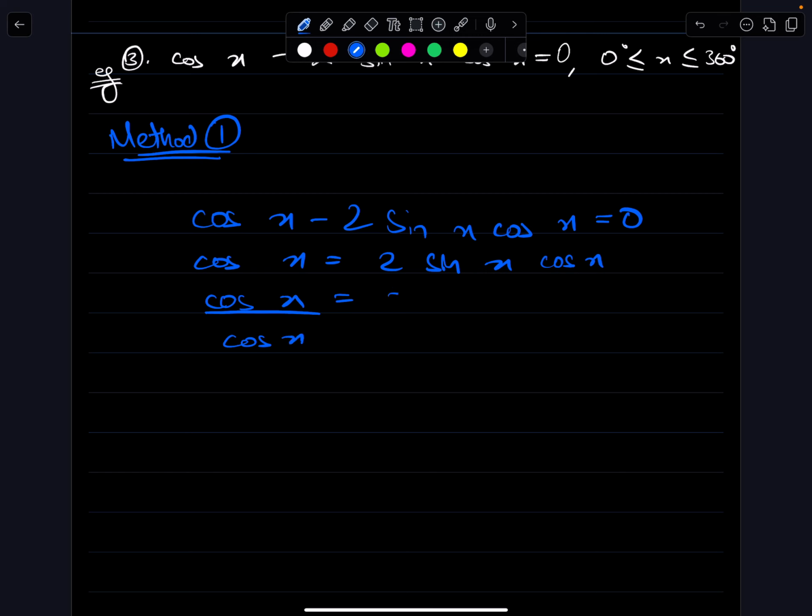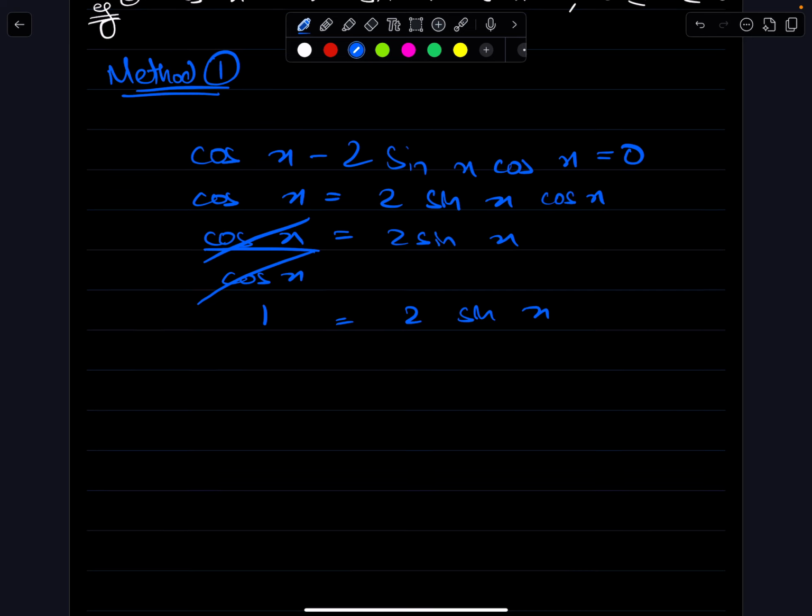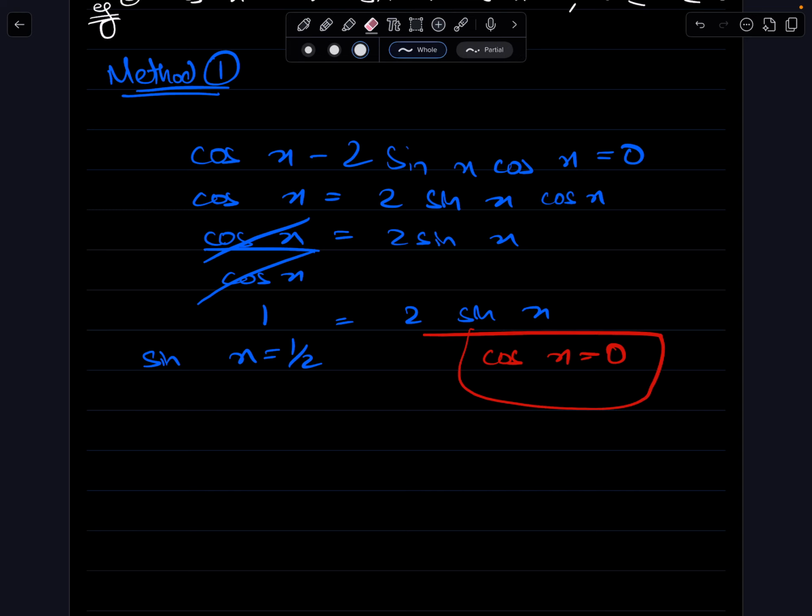So cos x over cos x and 2 sin x. The cos x cancels out with the cos x in the denominator. Thus I'm left with 1 is equal to 2 sin x. And I have sin x is equal to half. But I should also remember that cos x was cancelled off and I must equate cos x to 0. Whichever trigonometric function is cancelled off, I always need to equate that to 0.